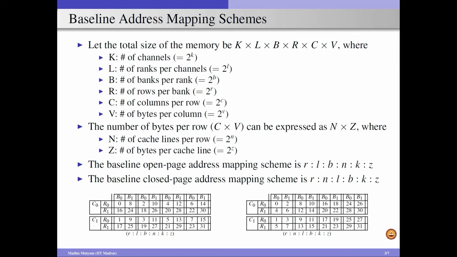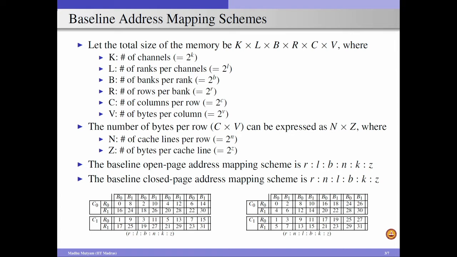the consecutive cache lines are mapped to channel 0 and channel 1. Cache line 0 is mapped to channel 0, 1 is mapped to channel 1. Similarly, cache line 2 is mapped to channel 0 and 3 is mapped to channel 1, and so on.